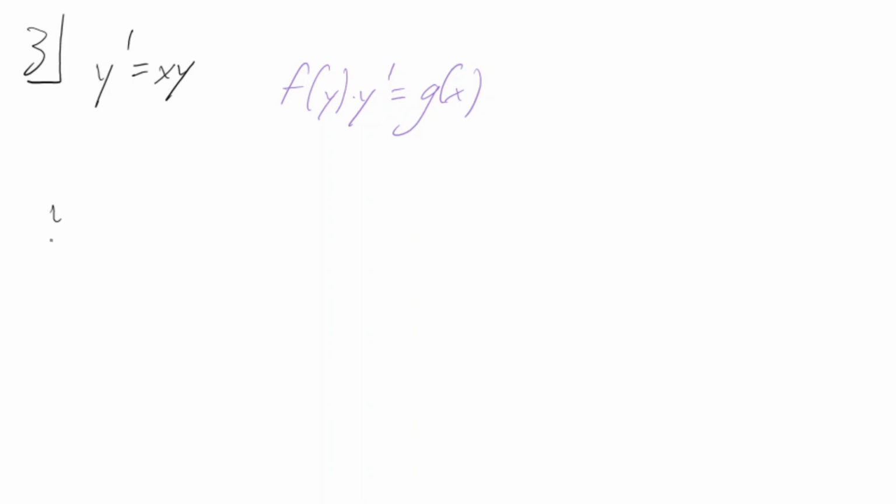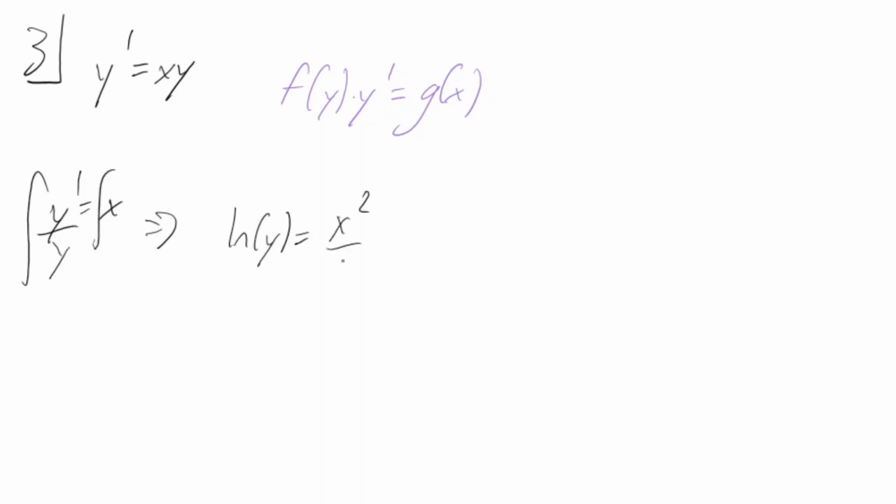So in order to do that, we want to divide both sides by y, and we get y prime over y equals x. Then when we integrate both sides with respect to x, the antiderivative of the left side will be ln of y. So maybe pause and think about why the antiderivative of that is ln of y, and you could always take the derivative of both sides just to see that you indeed recover the original equation.